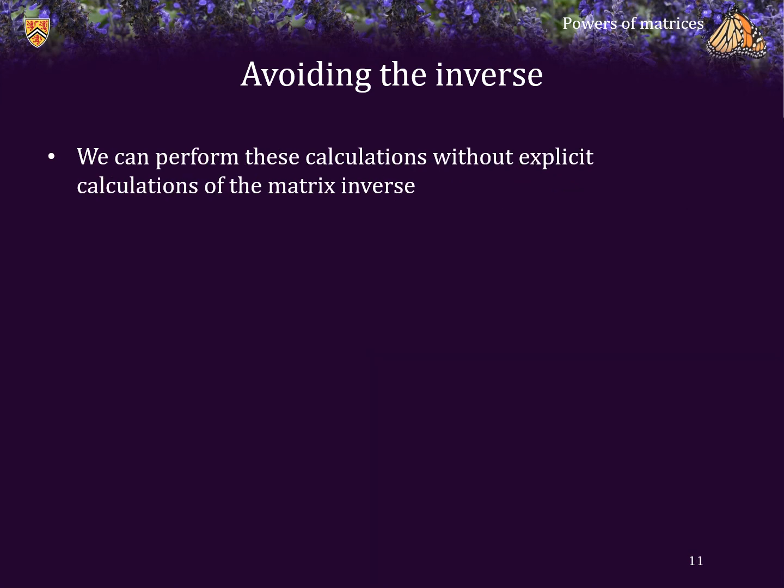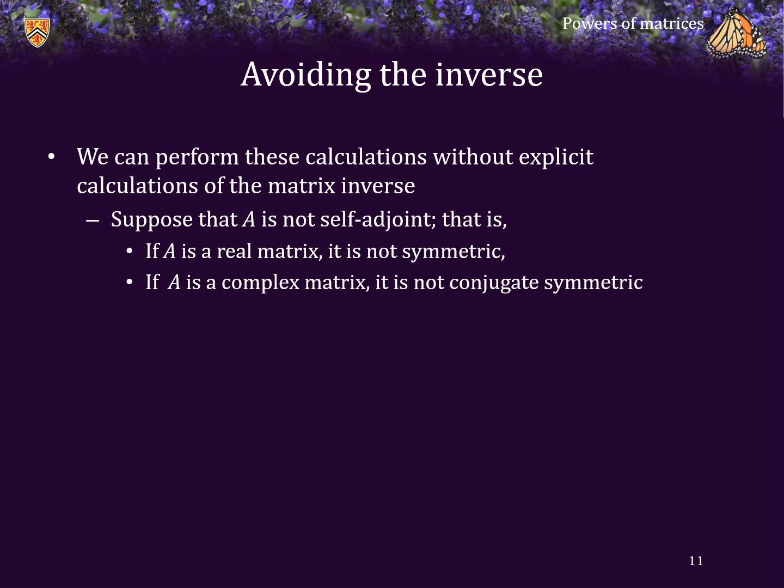Now, fortunately, we can still perform these calculations without an explicit calculation of the matrix inverse. So suppose that A is not self-adjoint. That is, if A is a real matrix, it is not symmetric, and if A is a complex matrix, it is not conjugate symmetric.